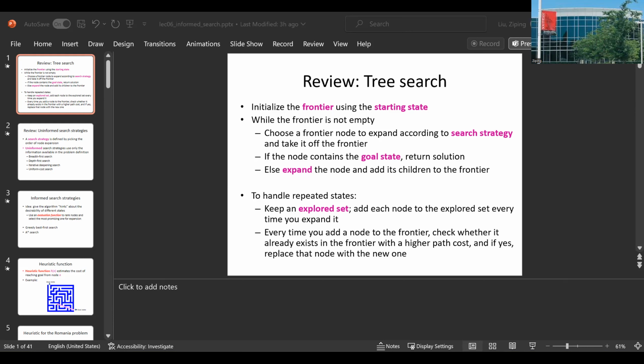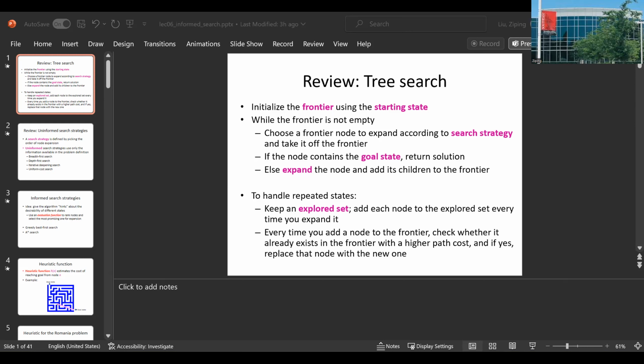And then we are going to expand Sibiu. Same thing. We need to calculate the estimation value. The estimation value is what? It is the actual cost plus what?